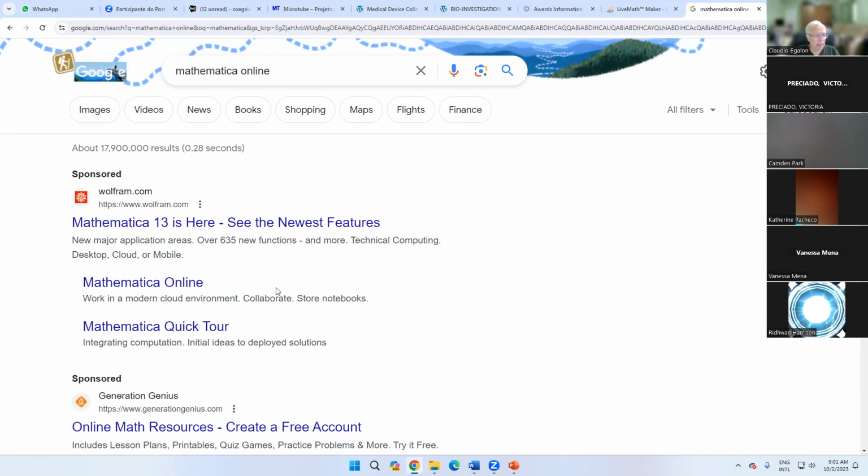I was using it a lot for my PhD thesis, and then I discovered there was a bug in one of the functions at that time. They fixed the bug later on, but I just stopped working with it altogether and went to Fortran programming. Let's see, Wolfram Mathematica version 13 is here.